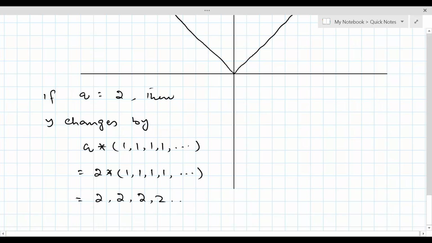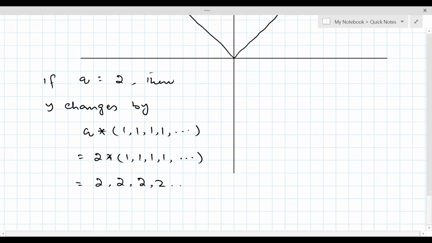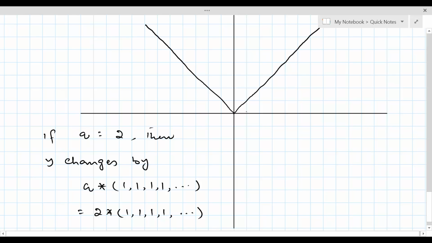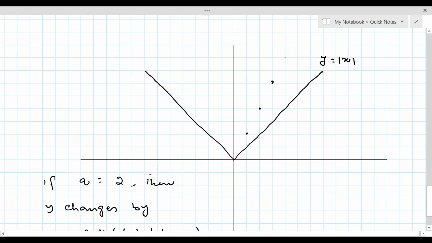So let's get started. Because this change is telling that for every one step right, there are 2 steps up, let's start from the origin. 1 step right, 2 steps up. That's the point. 1 step right, 2 steps up. 1 step right, 2 steps up.